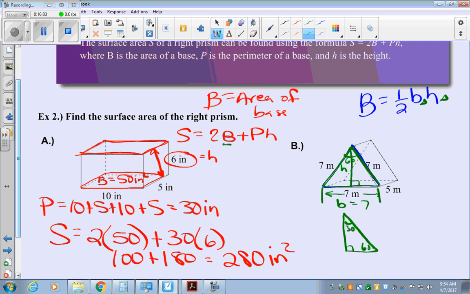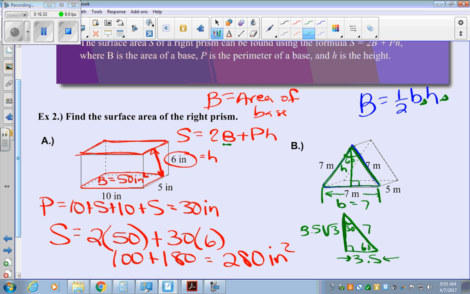Okay, so we know that the length of half of our little b is 3.5, because we cut that triangle in half. And we know that this is 7. A 30-60-90 triangle says that this distance here is the short leg times the square root of 3.